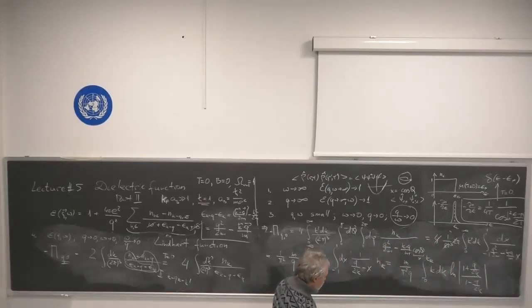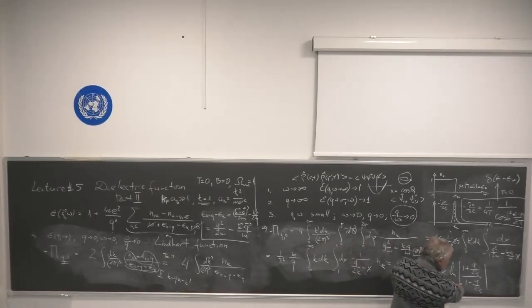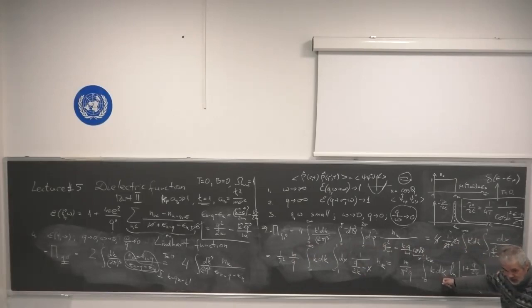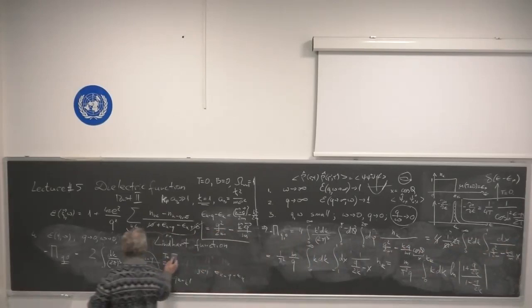Okay? So the remaining integral is just a one-dimensional integral, which I'm going to compute. In principle, I plan to do it in all details, but we spend some time on how to compute this integral. You integrate it by parts. So you say that this is u, this is dv. Therefore, you write it as uv minus integral of v du, and this is a way to compute this integral exactly.